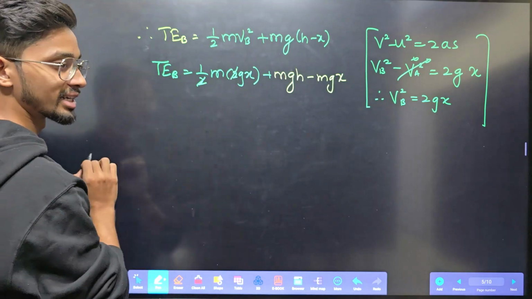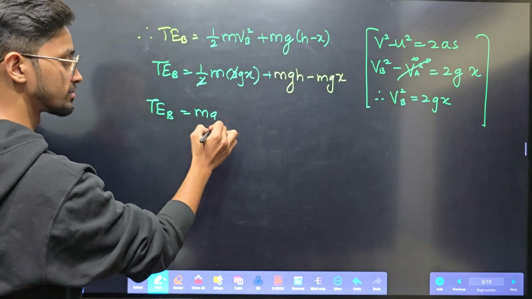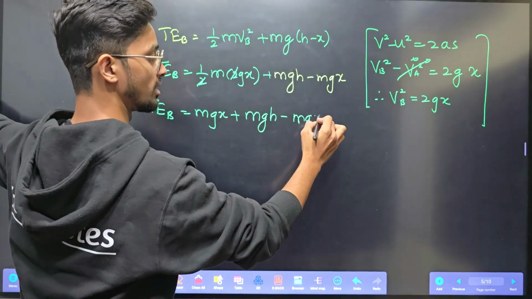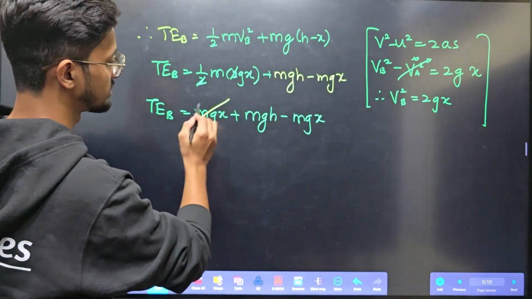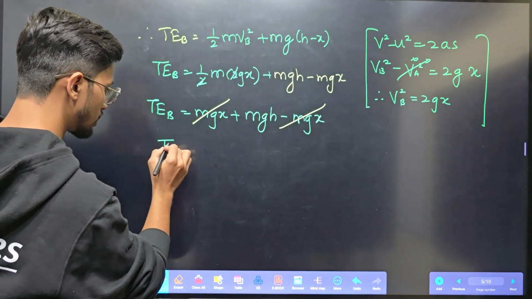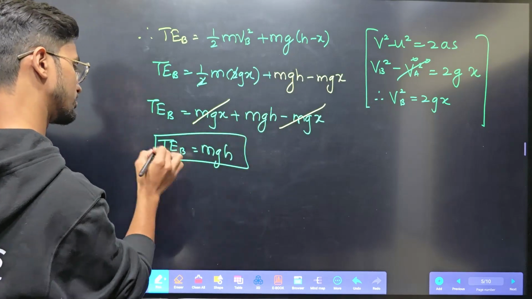So 2 will get cancelled. So total energy at point B will be mg into x plus mg into h minus mg into x. So plus mgx and minus mgx get cancelled out. So remaining, total energy at B is equal to mg into h.